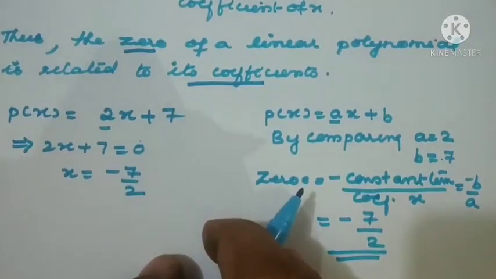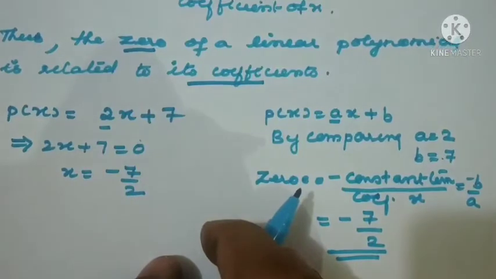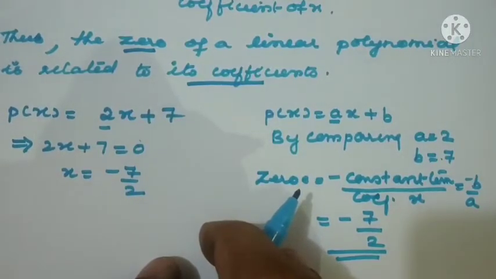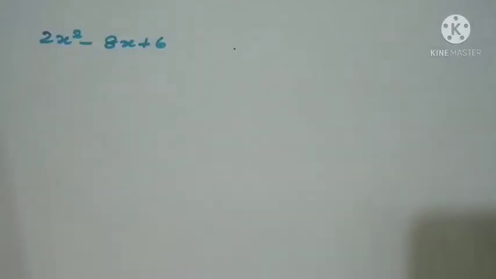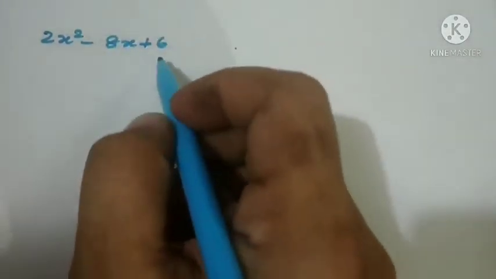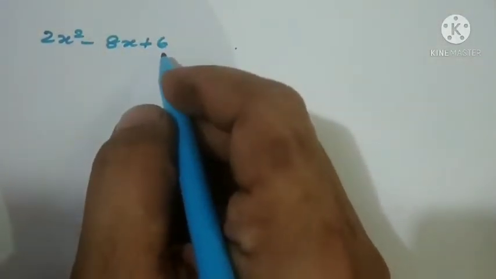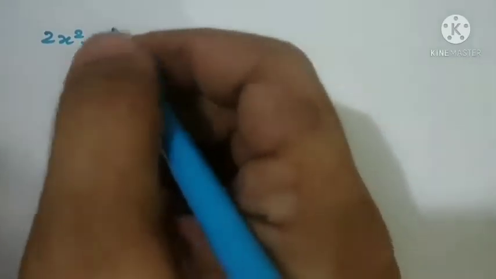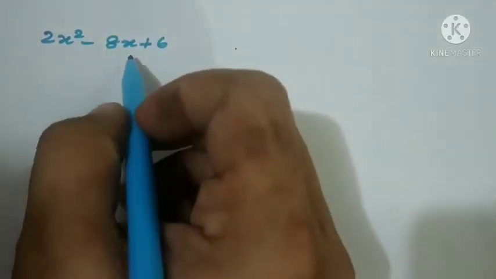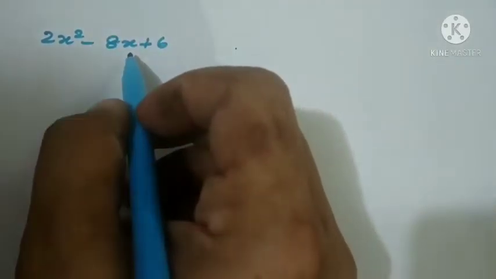Let us find out whether there is a relationship between zeros and coefficients of a quadratic polynomial also. 2x² minus 8x plus 6 is a quadratic polynomial. We already learned the splitting the middle term method for finding factors, and the same procedure we are using here.